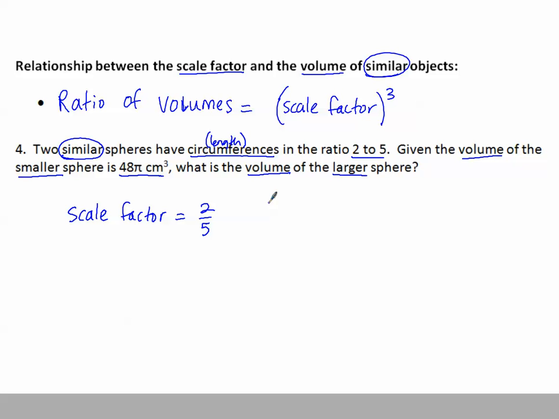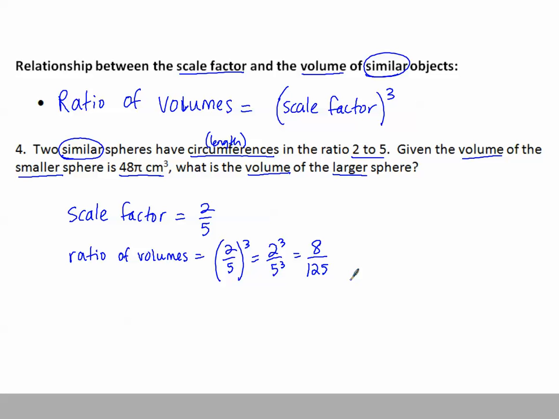Given the volume of the smaller sphere, what's the volume of the larger sphere? Well, remember the ratio of the volumes will be the scale factor cubed. So 2 cubed and 5 cubed. 2 cubed is 8, 5 cubed is 125. There's the ratio of the volumes.